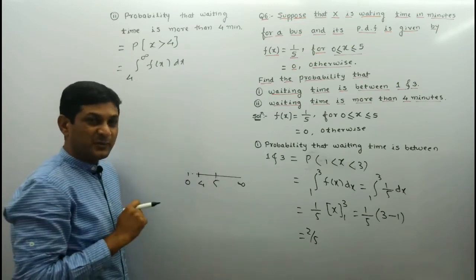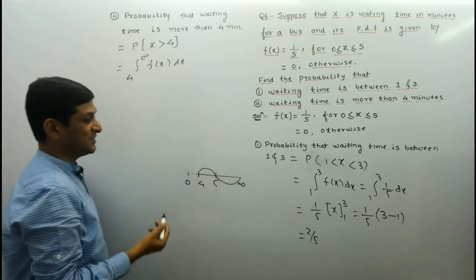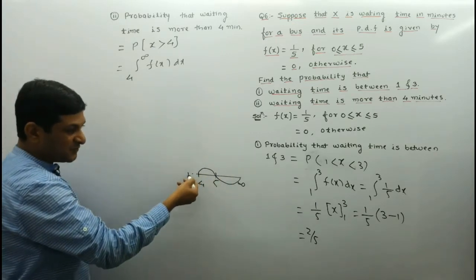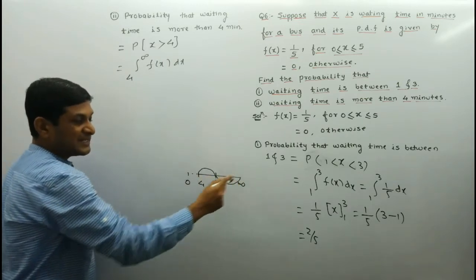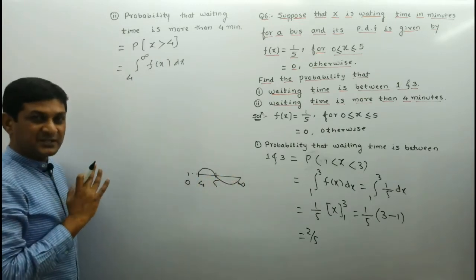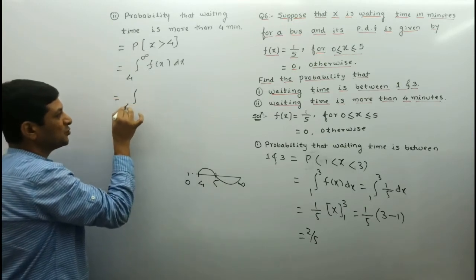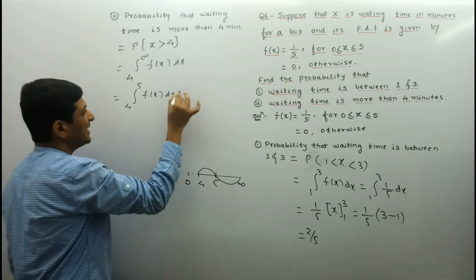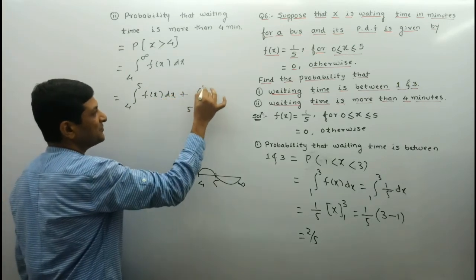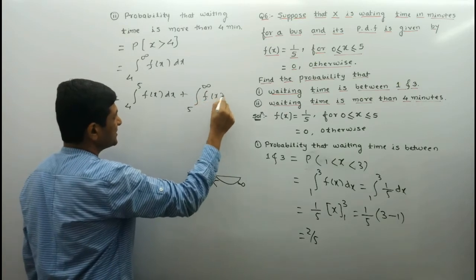That's why we have to split up this interval in two parts, 4 to 5 and 5 to infinity, because in between 0 to 5 the value of f of x is 1 by 5 and otherwise the value of f of x is 0. Since two different values are there, we have to split it into two parts: 4 to 5 f of x dx, and 5 to infinity f of x dx.